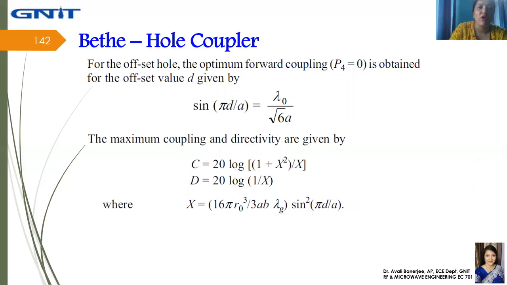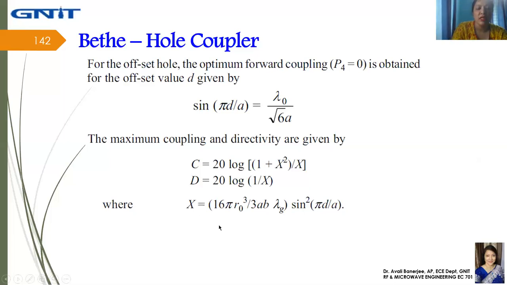Now for the offset hole, the optimum forward coupling, that is P4 equal to 0, is obtained for the offset value D given by sine of pi d by a equal to lambda 0 by root over 6a. So the maximum coupling and directivity are given by capital C equal to 20 log of this, and the directivity is given as 20 log of 1 by capital X. Here X is defined.